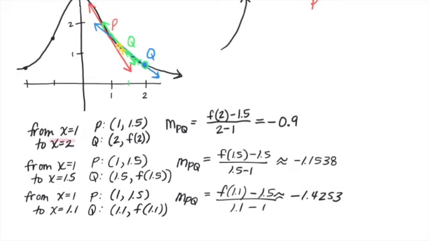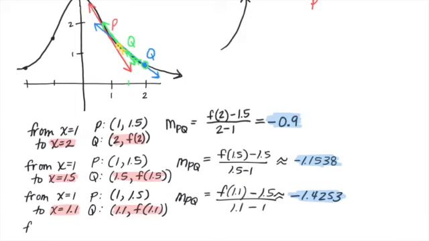So now that we've done this computation 3 times, hopefully you can see essentially what's changing each time. We're just changing that second x value, and we're letting that second x value get closer and closer to x equals 1. And so that really just changes the coordinate of point Q each time. And we're looking at our outputs, these slopes of the secants here at the end, and we're hoping to start to see a trend, to see if these values are getting closer and closer to a specific number. And right now I can't see a very clear trend, so I'm going to have to do this computation a few more times.